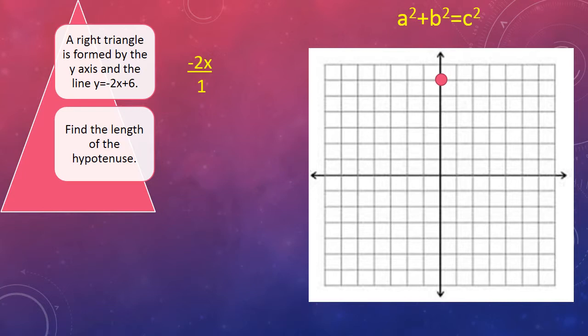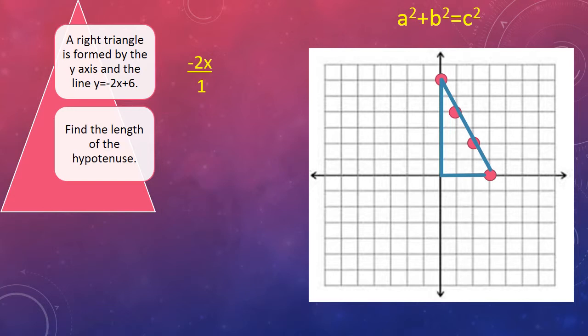So I'm going to go down 2 over 1, down 2 over 1, down 2 over 1, and then we hit the x-axis, so we can make this into a triangle, just like that.